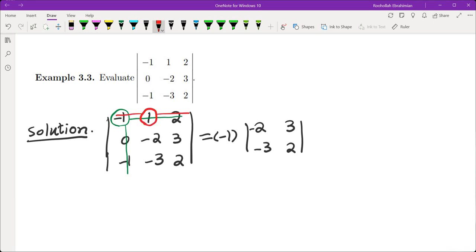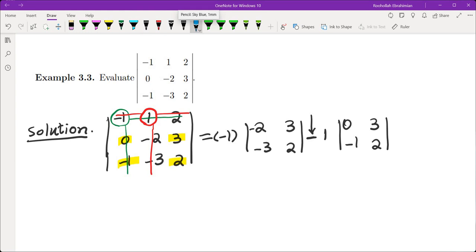Eliminate the first row, eliminate the second column. So we have minus, and there's always a negative sign for the second entry. So -1 times, after removing the first row and the second column, we get a 2 by 2 determinant: 0, 3, -1, 2. So this is exactly these 4 entries right here.